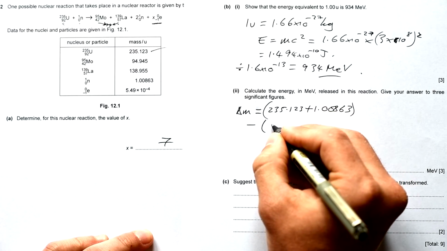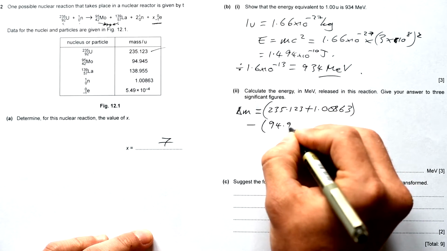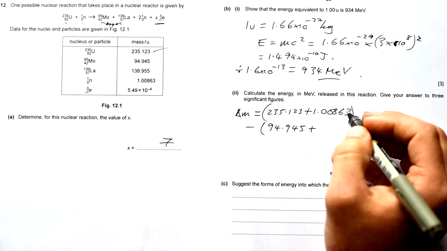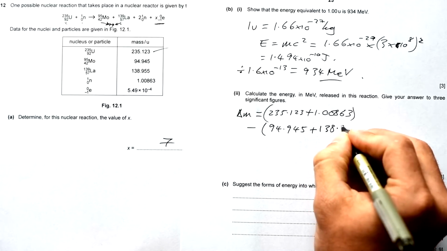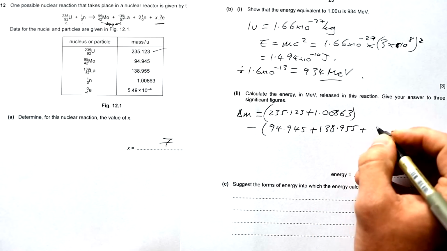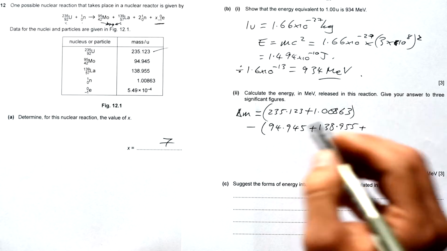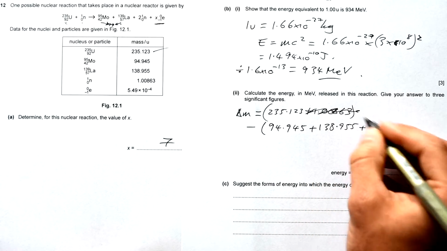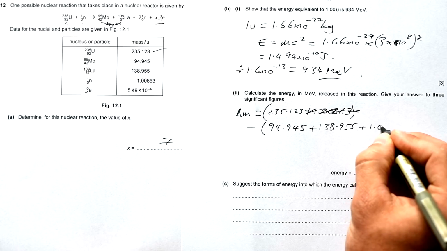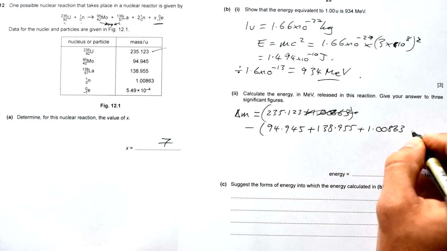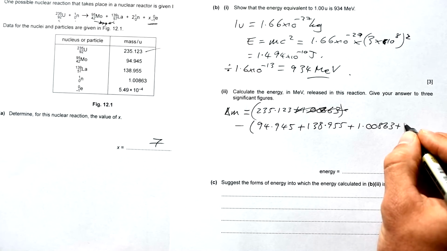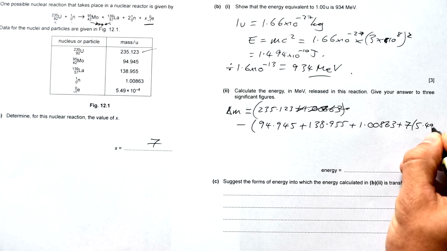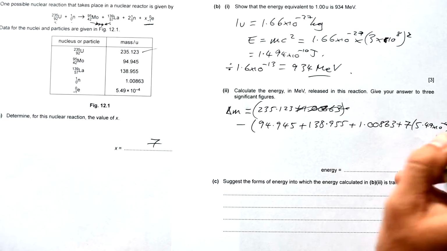So that's going to be the mass of the molybdenum, 94.945, plus the mass of the lanthanum, which is 138.955, plus 2 more neutrons. So actually what we can do is just get rid of one of the neutrons from that side and just have 1 neutron over this side, plus 7 lots of electrons. So that's 5.49 times 10 to the minus 4.